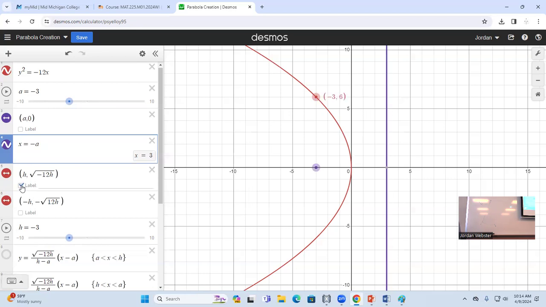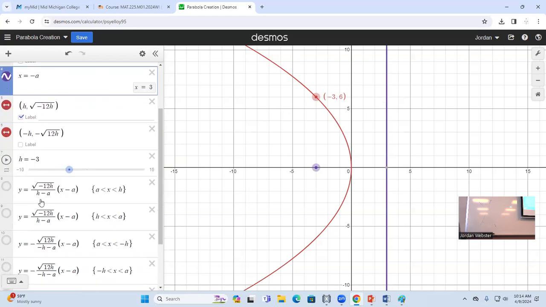Let's check out that point right there at this point in time. It's -3.6. I want you to notice that if you measured up 6 units from the focus, you'd get to that point. If you measured 6 units to the right, you'd be at the line.